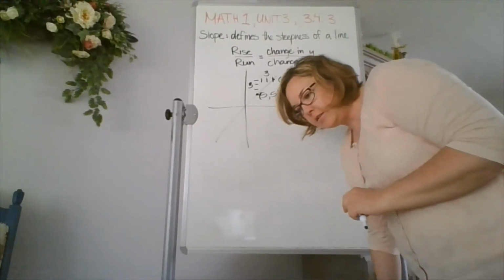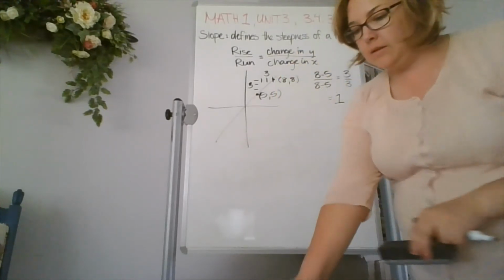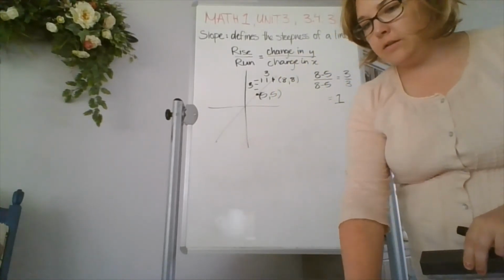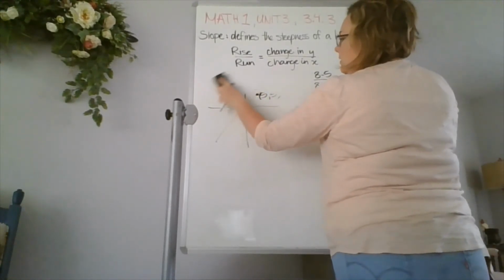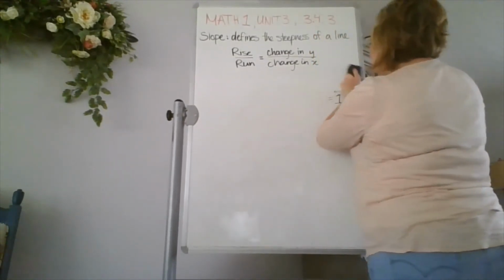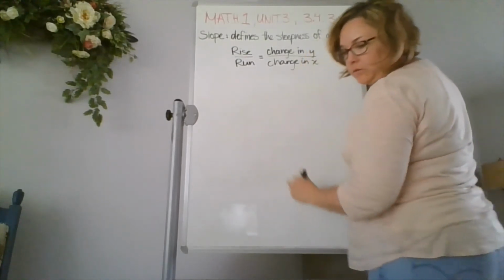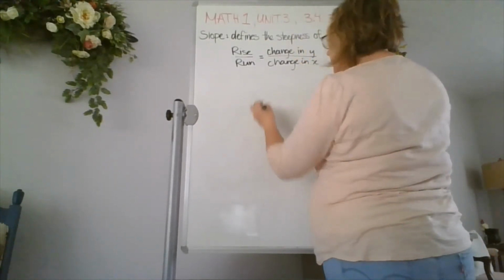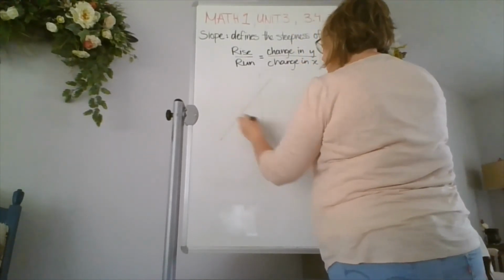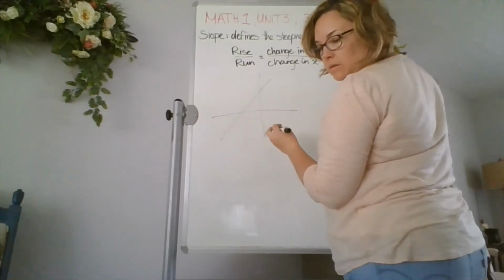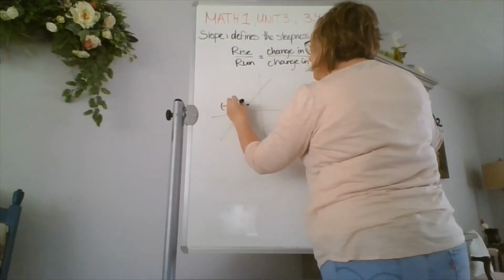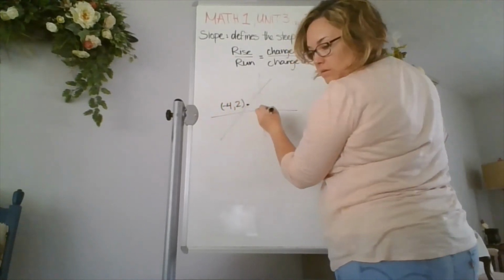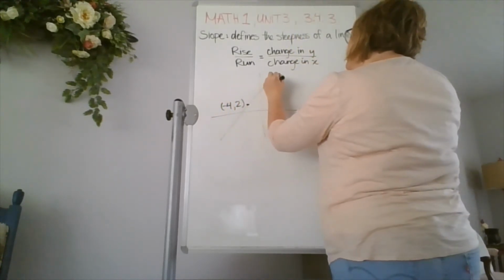Okay, let's try slope again with another example. I'm going to go ahead and erase this. I'm going to draw a new line or a new equation. We've got -4, 2, and 3, 9.